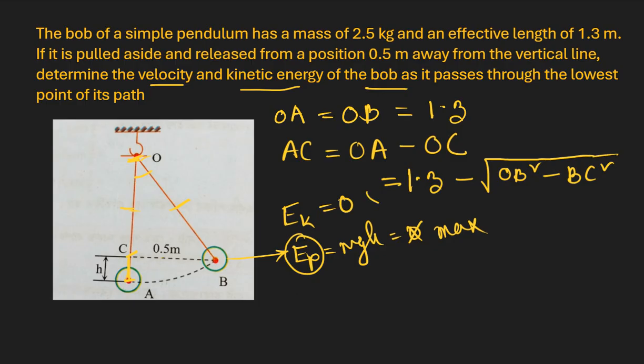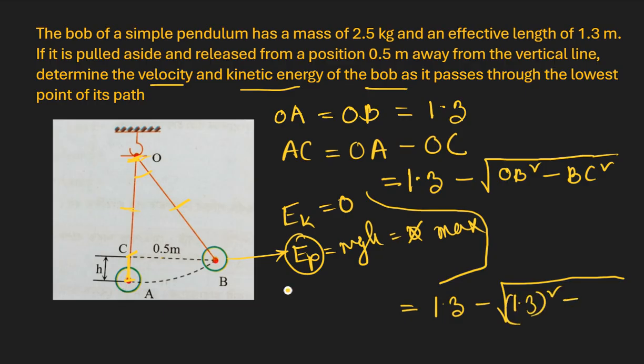So if we plug in the values here, this is of course 1.3, and OB is also 1.3, whole square, minus BC, which is 0.5 meter. So after calculating all these values, we have got 0.1 meter.